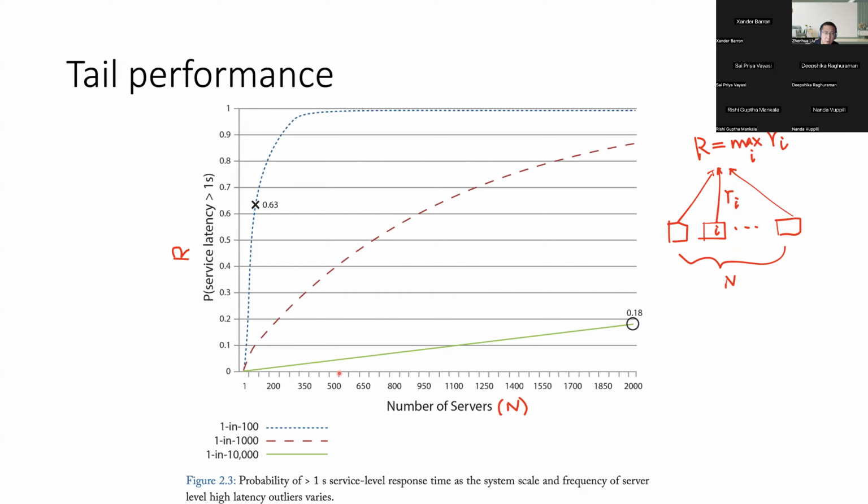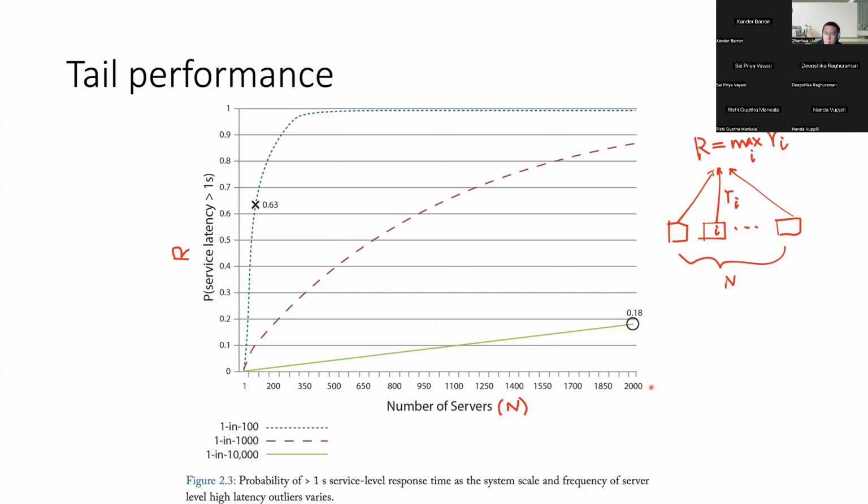Say if you have 500 servers, then with a 40% probability, your service latency is larger than 1 second. If you make it 1 in 10,000, this is really, really hard to get, because a server may have all sorts of reasons to give you a larger delay.